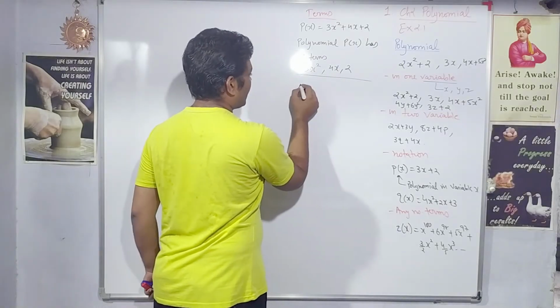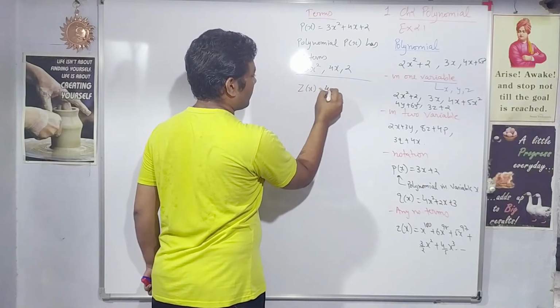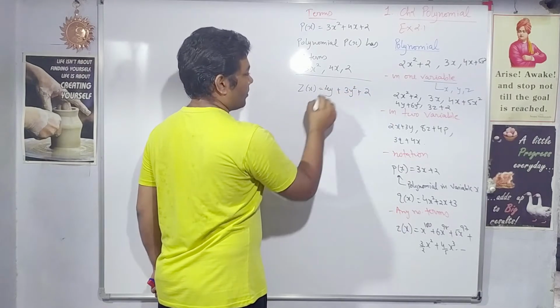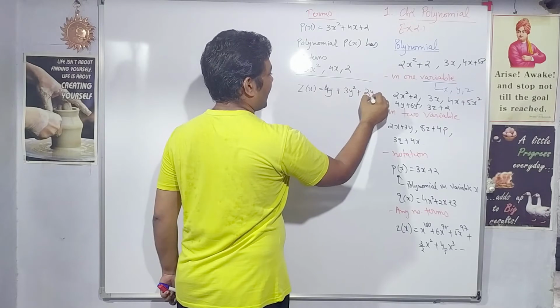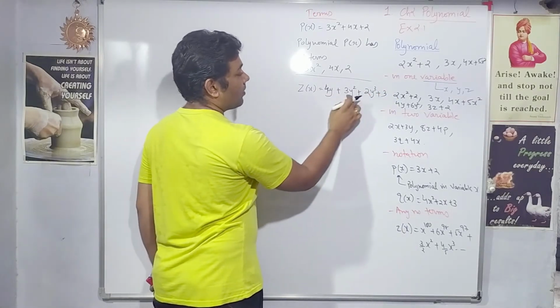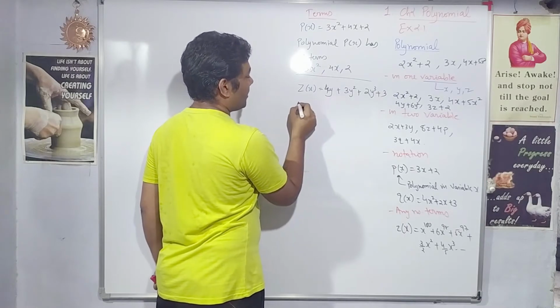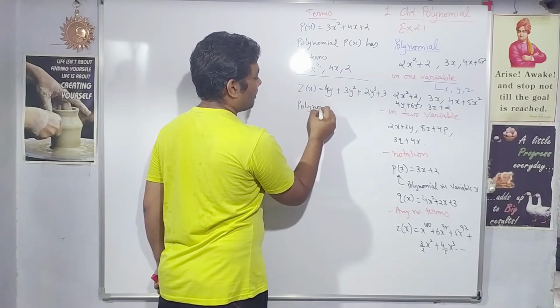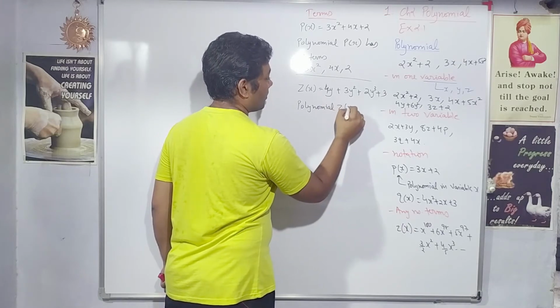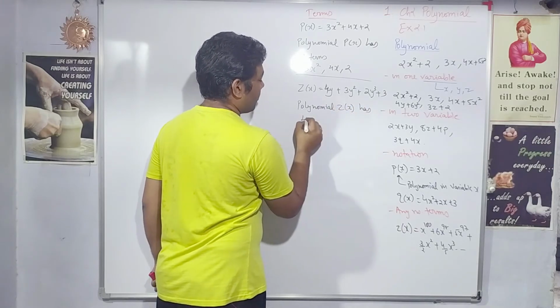If we take another example, let's say z of x is 4y plus 3y square plus 2y cube plus 3. Now here how many terms we have? 4 terms we have. So we can write down that polynomial z of x has 4 terms.